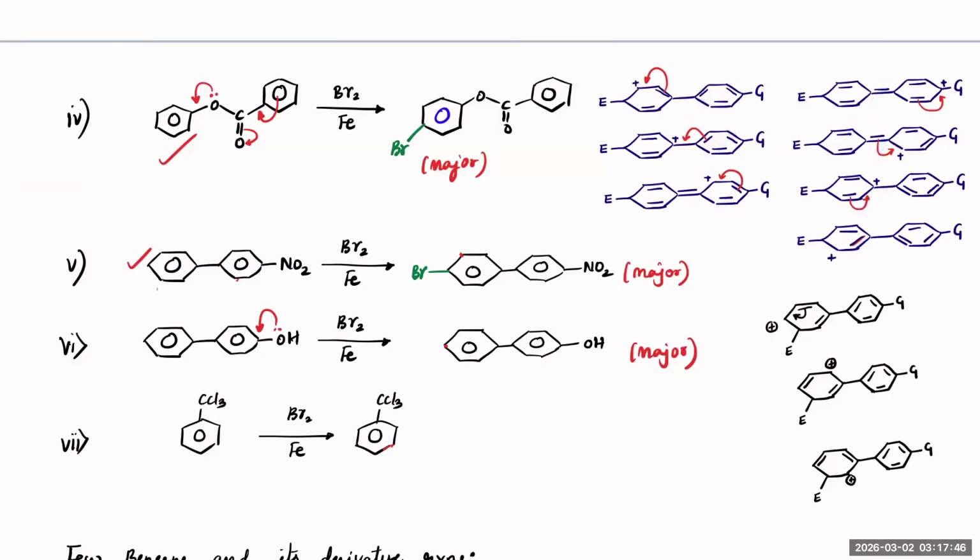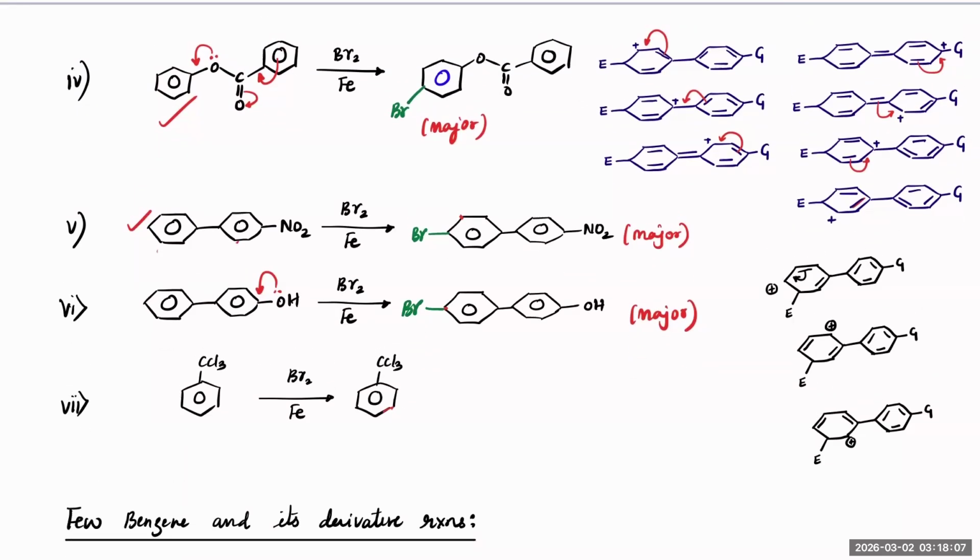You can see the resonating structures are maximum in the case of the para position. Hence, even though NO2 is withdrawing and OH is donating, in both cases para is the major product. Very, very important case, everybody. Look into it, 5 and 6.